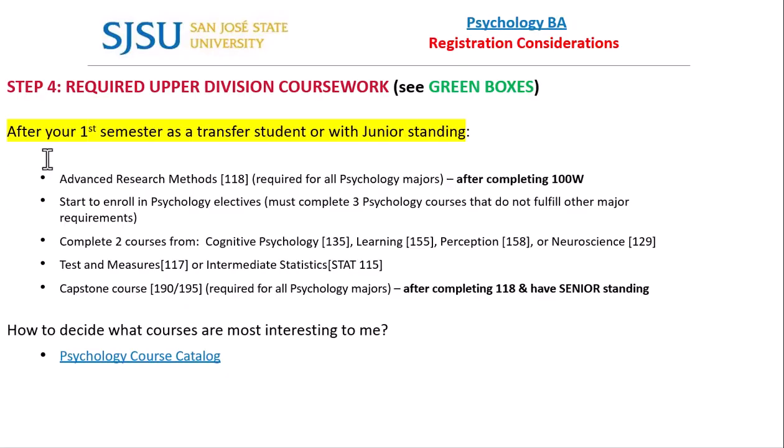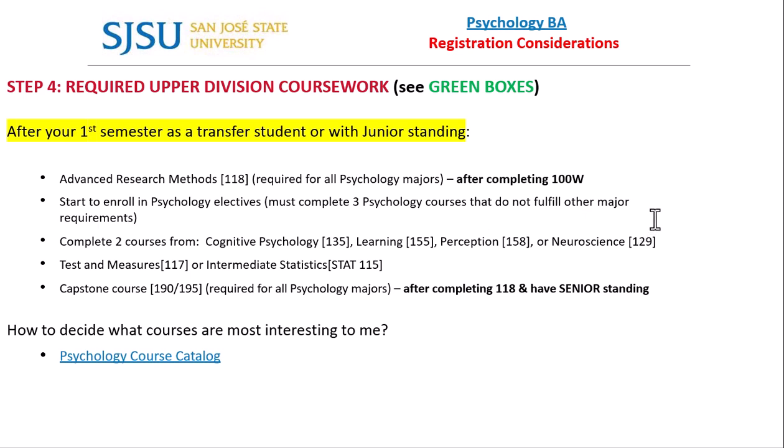All right, so just know that you have to complete a total of 3 psych electives to fulfill that requirement. Okay? You can also start looking at the other green boxes in that upper division required coursework. So you have to complete 2 courses from either cognitive psychology, learning or perception, and neuroscience.